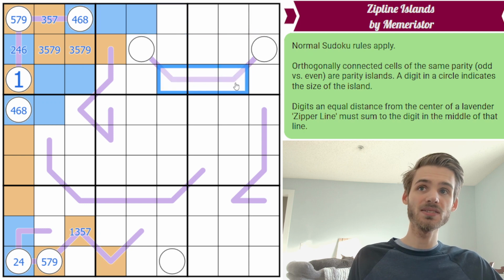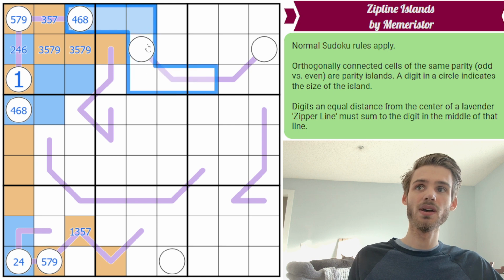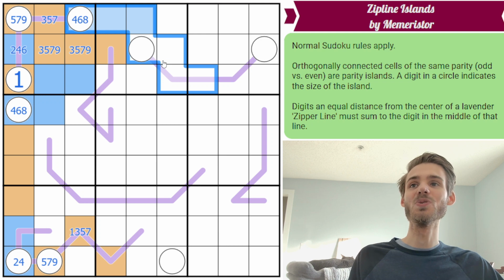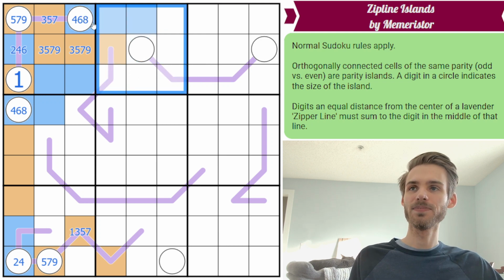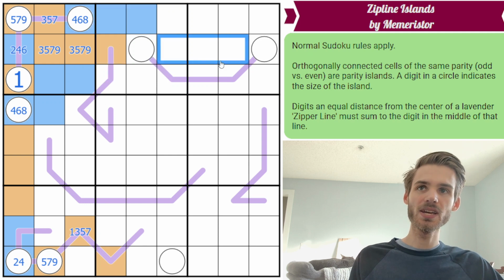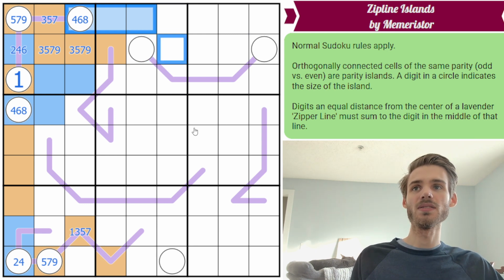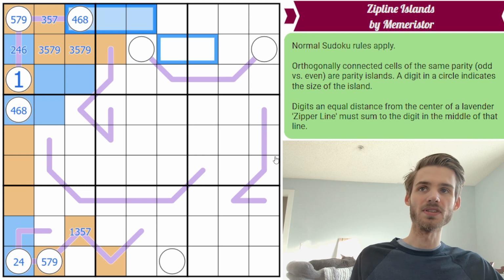And we can't get through this bridge because then we would need to use a lot more, 1 more than 2 even digits in this box, box 2. So we have to get out through this bridge if this is more than 4. So we would have to take one of these 2 cells and then that cell. And of course this cell as well. It would be at least 6.